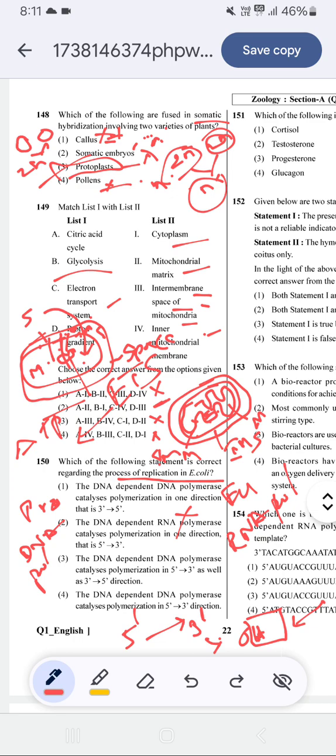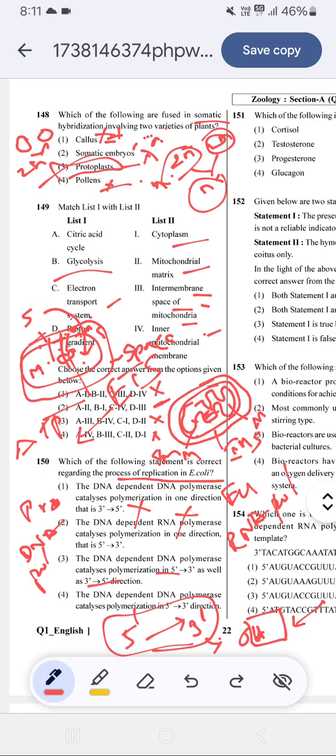Right, with the next upcoming nucleotide there should be some bond formation, and this free OH group helps in formation of bond. And so 5' to 3' should be there for polymerization. So this is 3' to 5', strike it off.